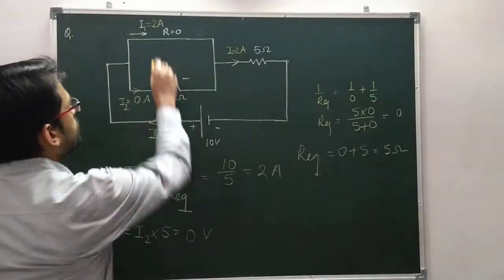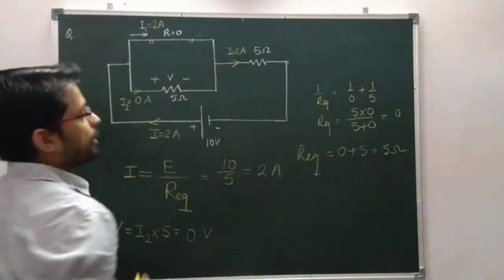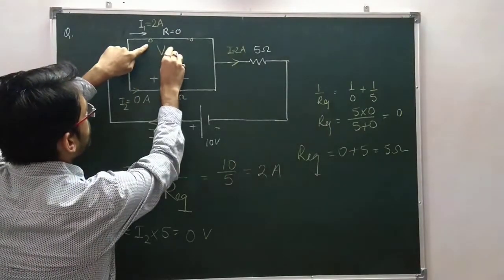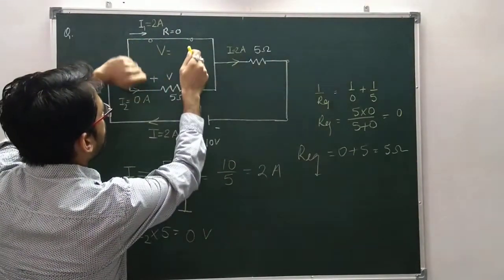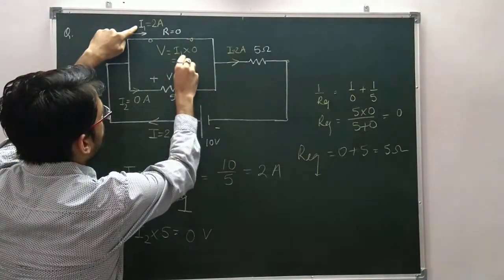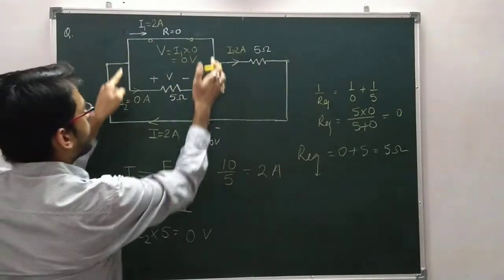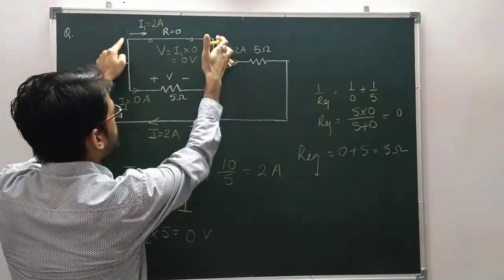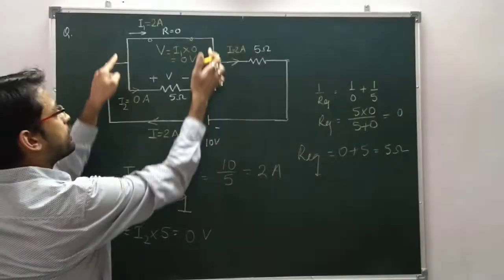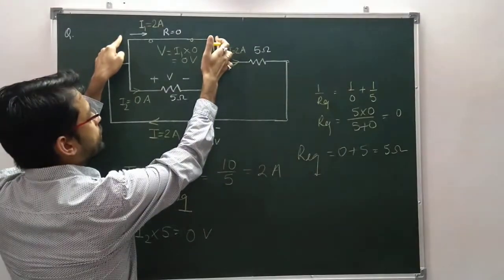Now calculate the potential difference across this resistor. R equals 0. V equals IR, so I1 into R, where R is 0, is again 0. So in a parallel circuit, the potential difference remains the same. When the potential difference is 0 here, then it should be 0 here.